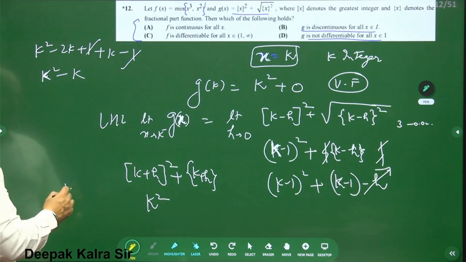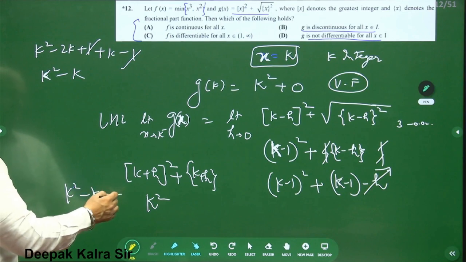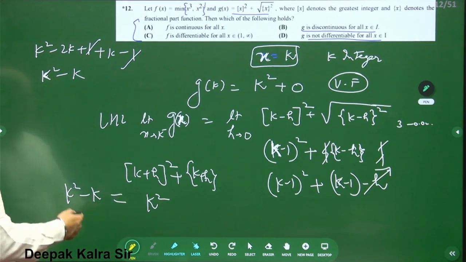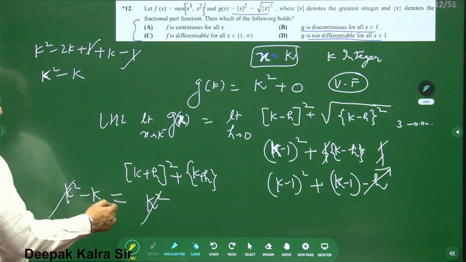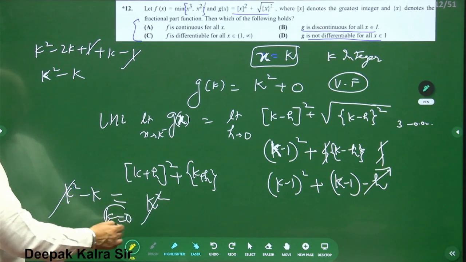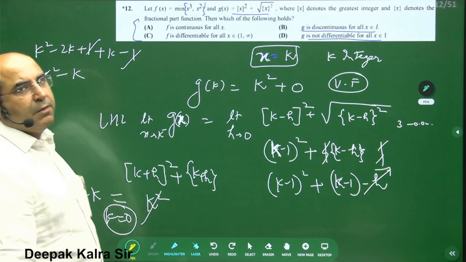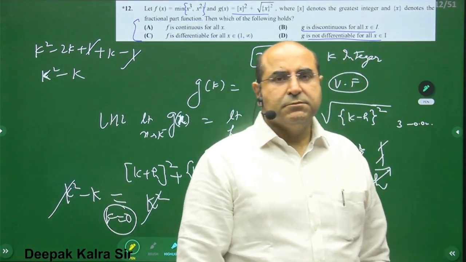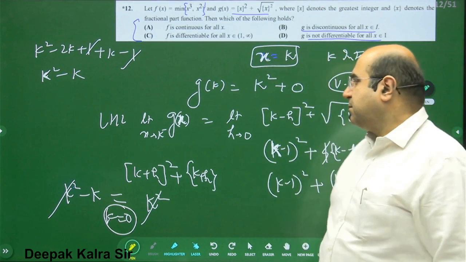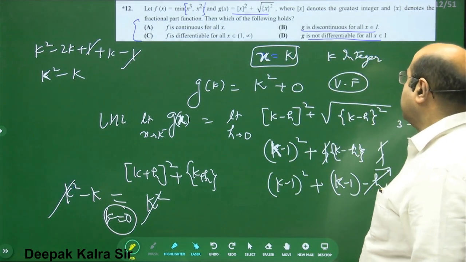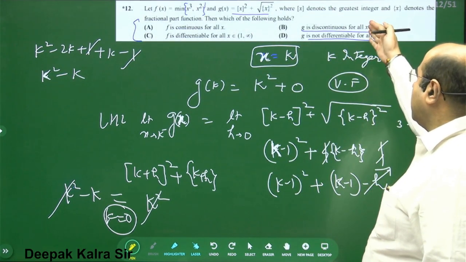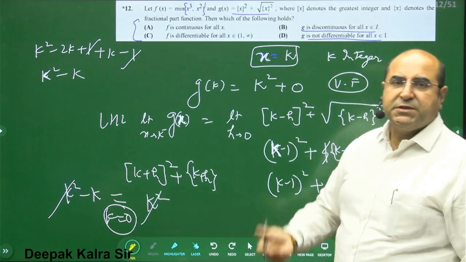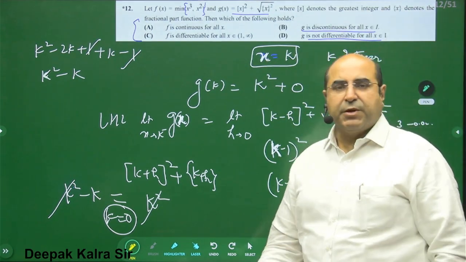LHL should be equal to RHL. So when LHL is equal to RHL, your k is becoming 0. Means at 0 you are getting continuity. You understand? That's why this answer is gone. And if it is written also, this will also go. Maybe differentiable also. You can check for that as well.